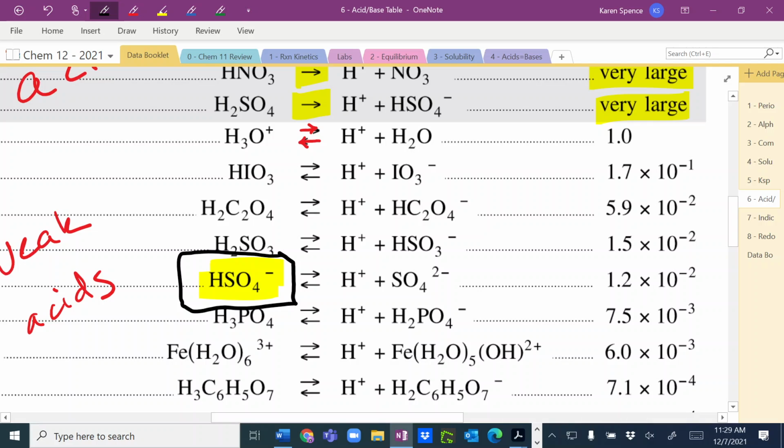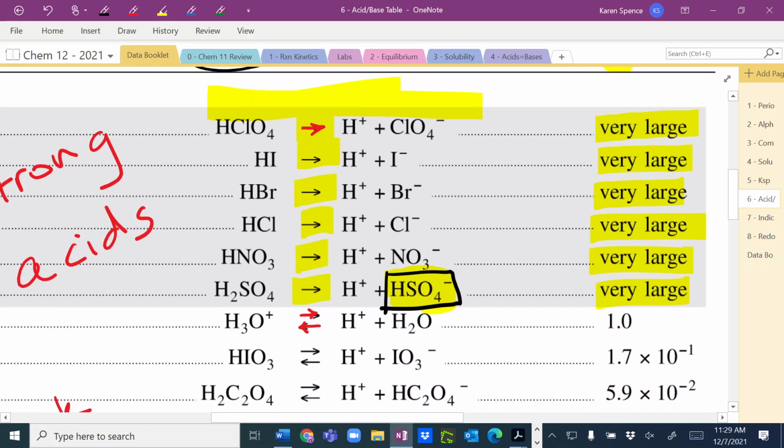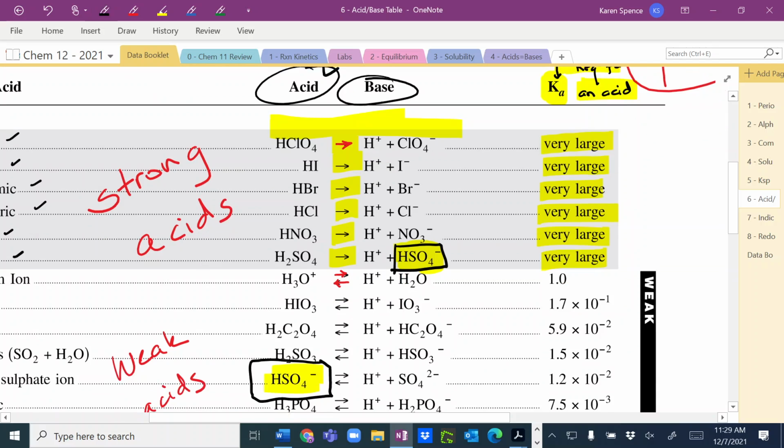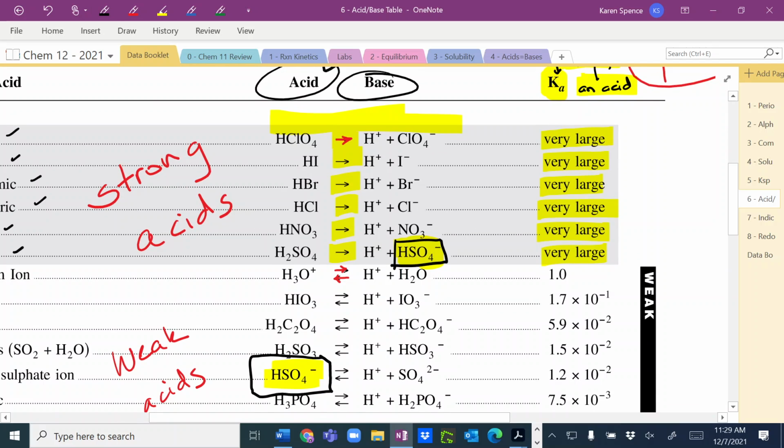Yeah, it's on the top over here. Yes, we have HSO4 here. And that is in the base section, yes? So, is HSO4 able to act as a Bronsted-Lowry base?